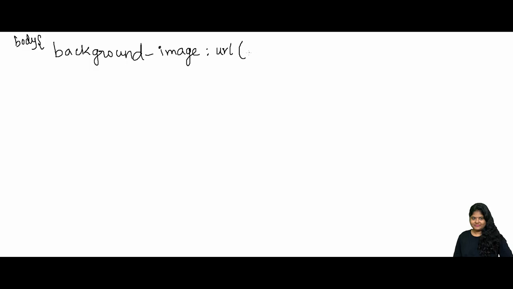You should know how to traverse to your image. If it is inside the image folder, it will be image/one.jpg, like this. Don't forget to give this correctly. If it was directly in the style sheet's folder, you can go with one.jpg directly. Don't forget to mention the extension also.